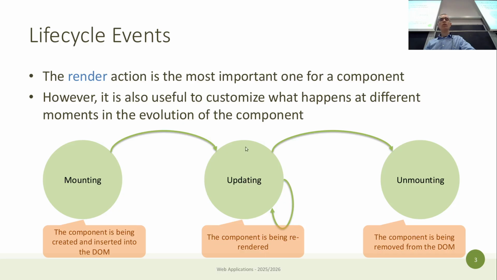That is what we saw basically until now. We say that React re-renders the component every time a prop or a state that belongs to the component changes. So that's the meaning of this loop arrow.